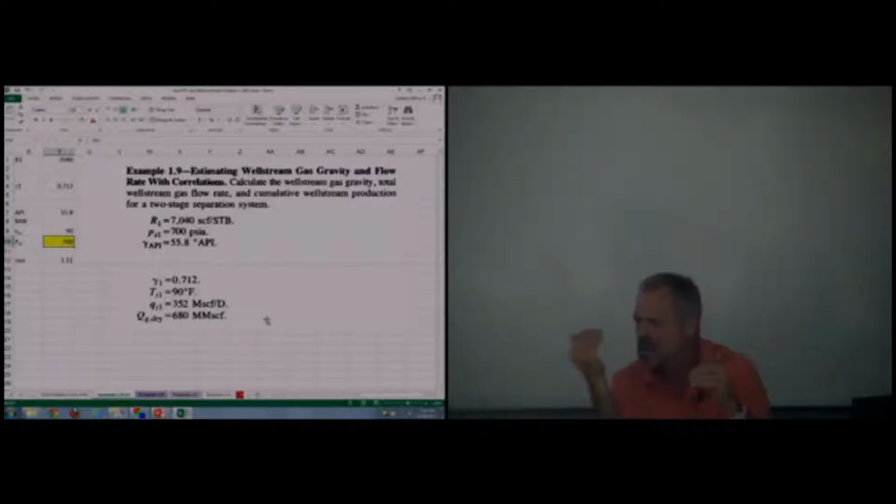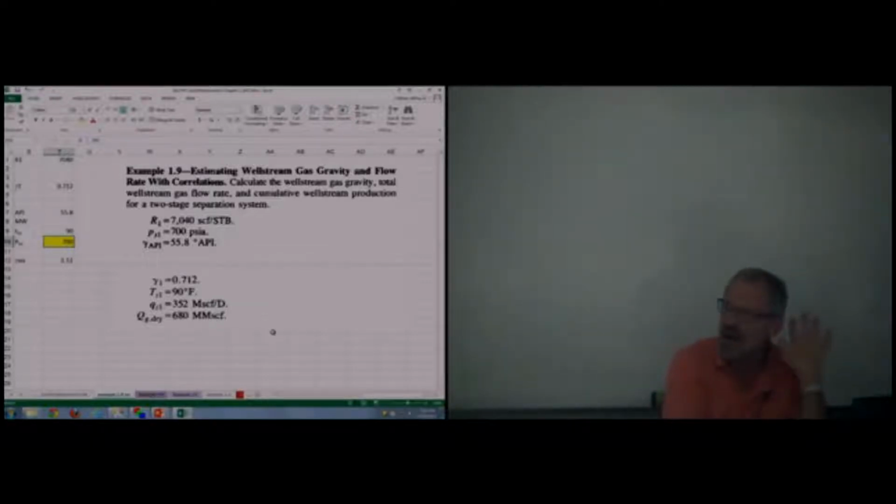This is exactly how my mind works on how I write tests. So I'm going to ask you on the test what the separator pressure is. Here's how you'd solve it. I may not ask another, I'm giving it away, but this would be very similar.